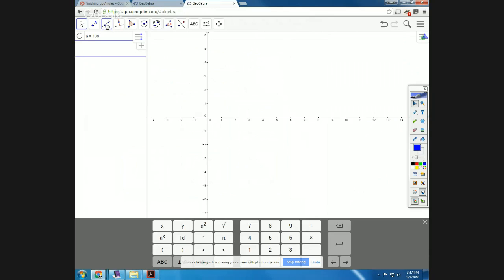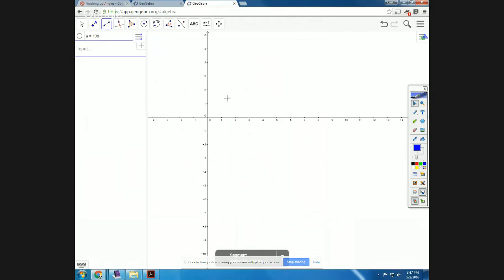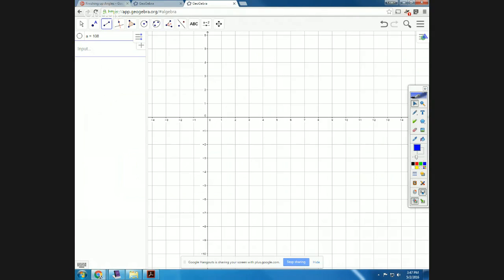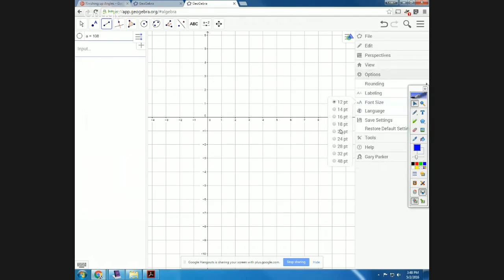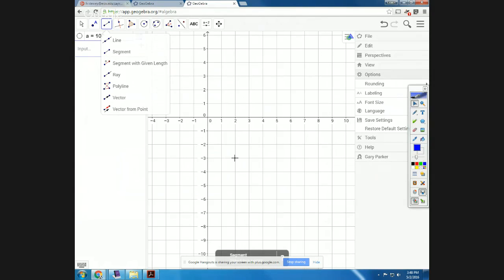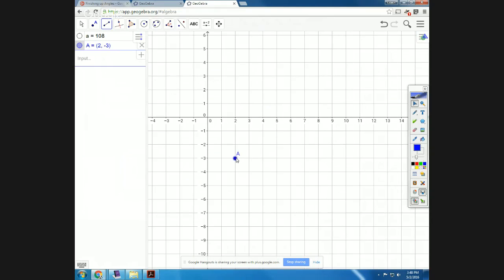So what I could do in GeoGebra to try and build that is start with a line segment. Let's get my grid, and let's make this viewable to the studio audience. Font size 20. And let's go down here and say my first line segment is going to be 2 units long.